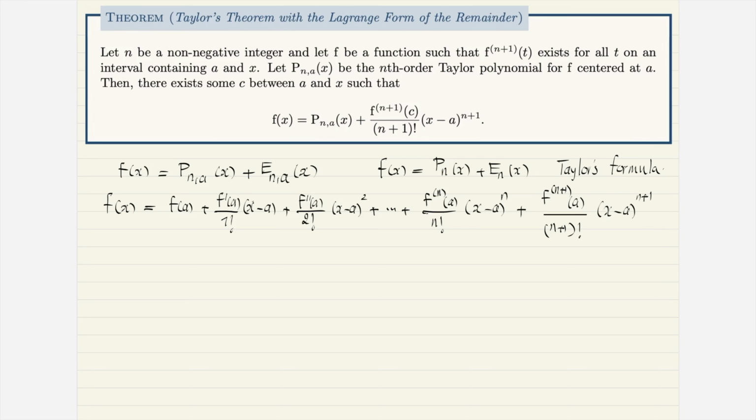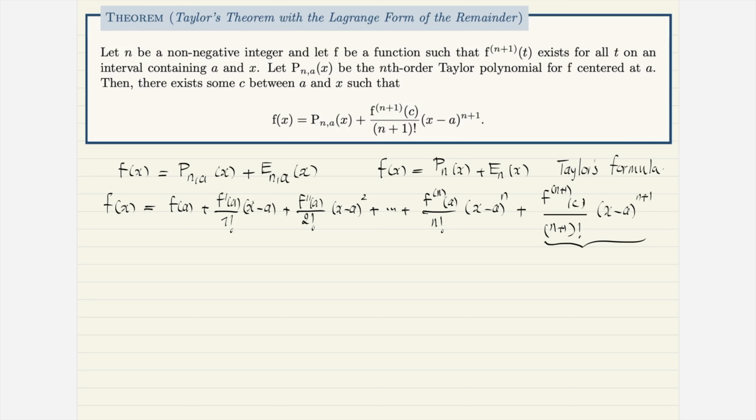But now the only thing is that when you want to write a Taylor formula, this a here should be switched with some c, which you know is between a and x, nothing more. In this way, it is not hard to remember the form of the Lagrange remainder. So anyway, that is my advice for you on how to memorize the Lagrange remainder formula.